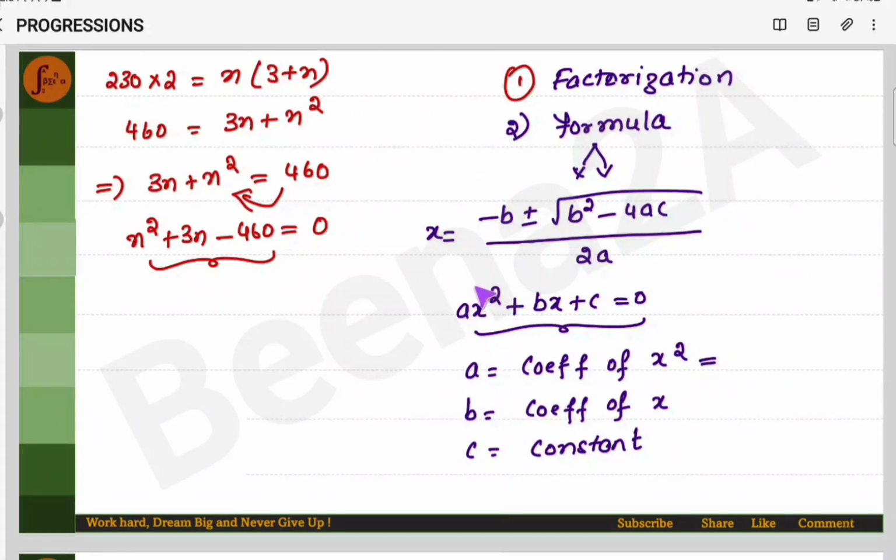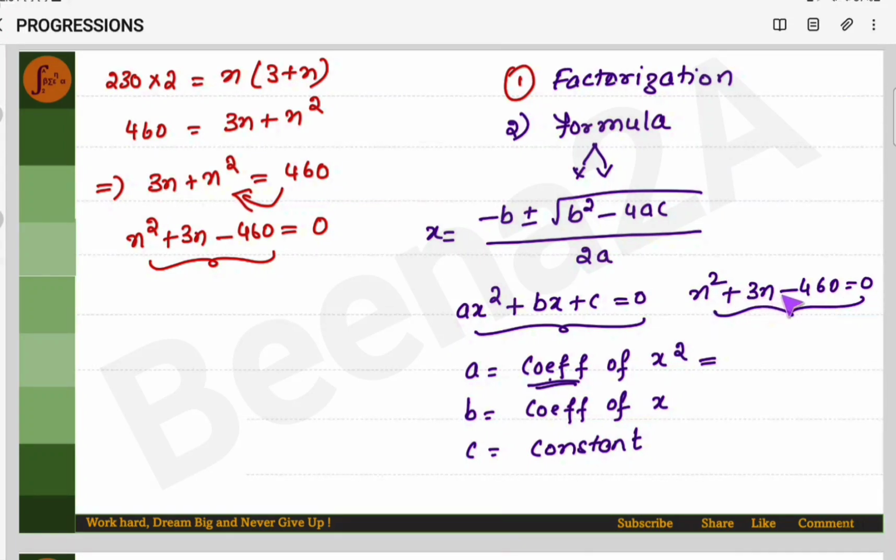Now, what is a? Let's take this equation. We have this equation. A is the coefficient of x square. What do you mean by coefficient? Coefficient is the number next to the letter, or variable, or unknown. See, n is unknown.